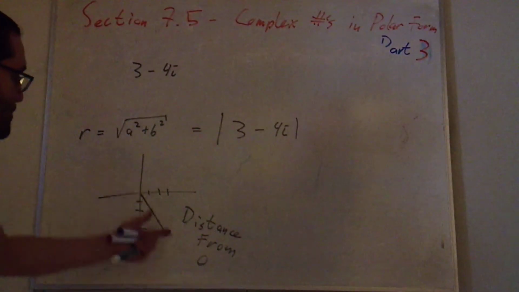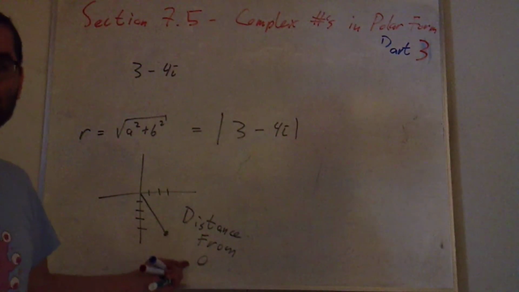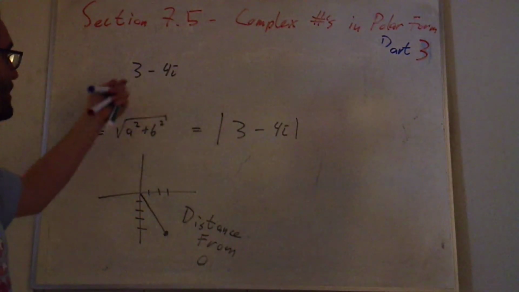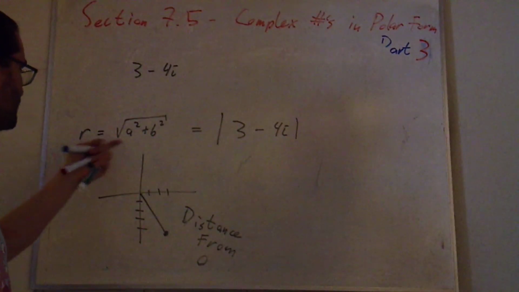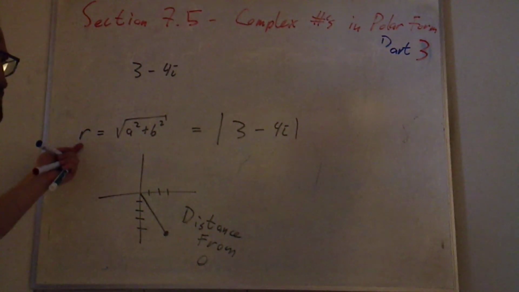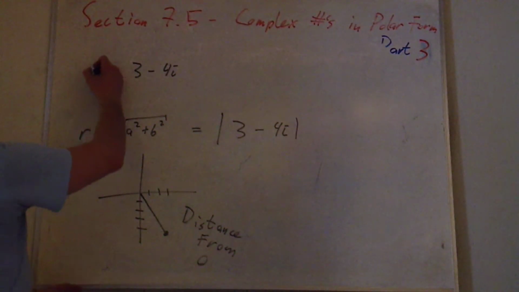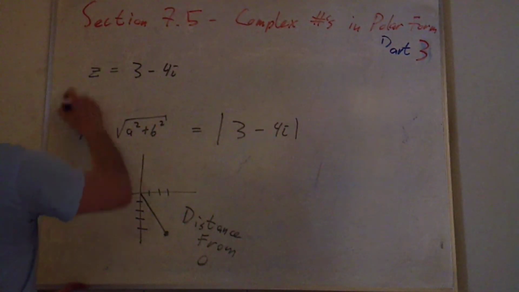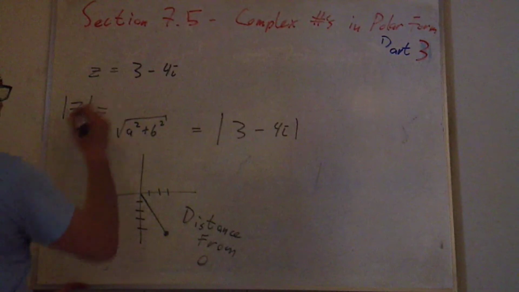And in the complex plane, it still means distance from 0. It's just in this case we have to use the Pythagorean theorem to get that distance. So this is called the absolute value. Sometimes it's written as r. Like if this is called z, sometimes you would write this as the absolute value of z.